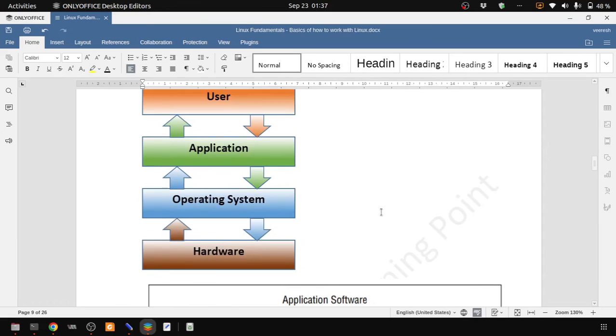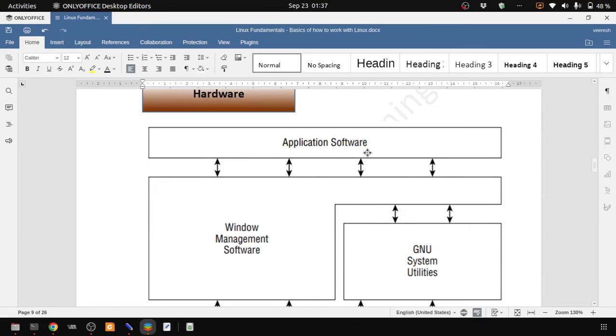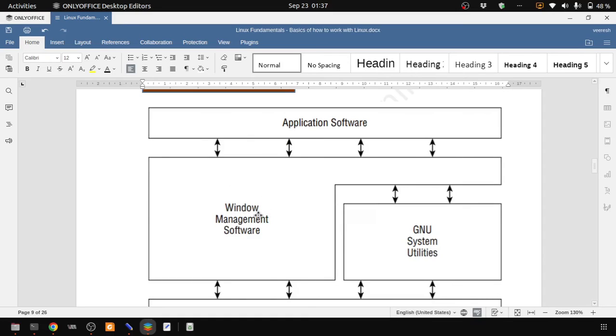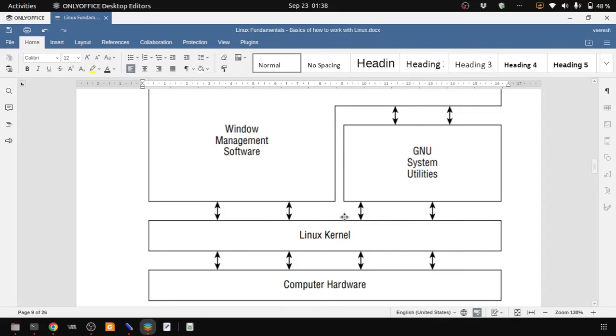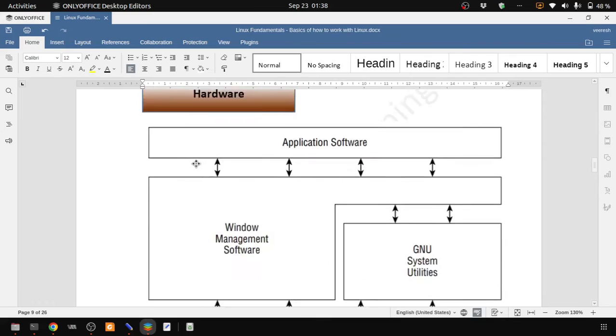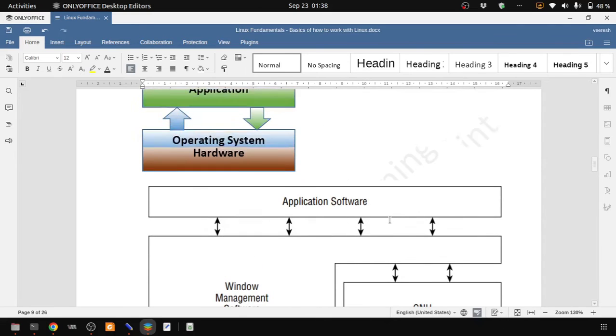The way it does this is like so: application software interacts with window management software, which in turn interacts with the GNU system utilities and other services, and those interact with the Linux kernel. The Linux kernel takes care of interacting with the computer hardware. So that's how the complete operating system is built.